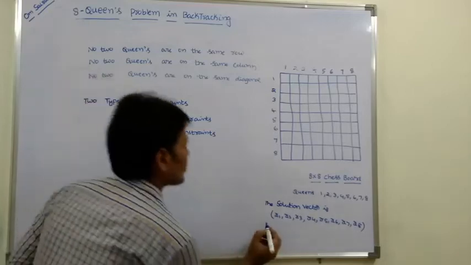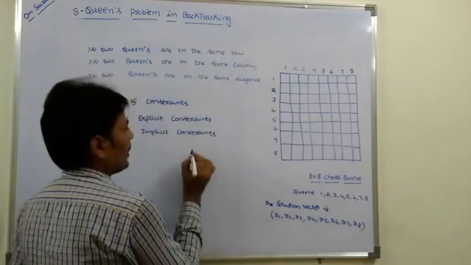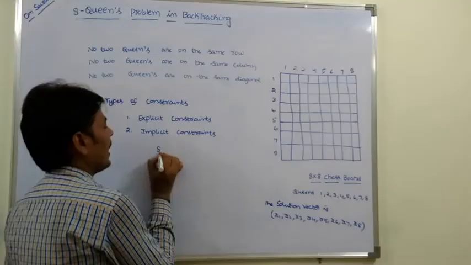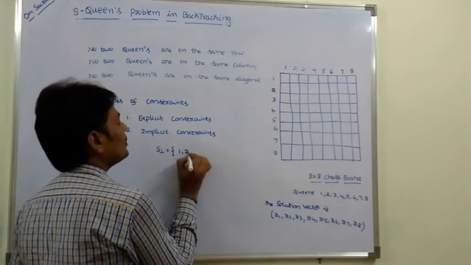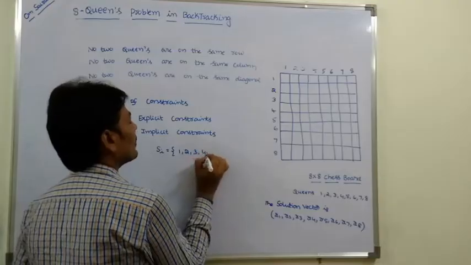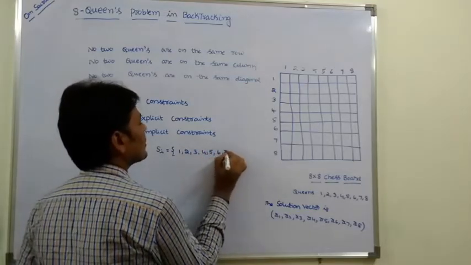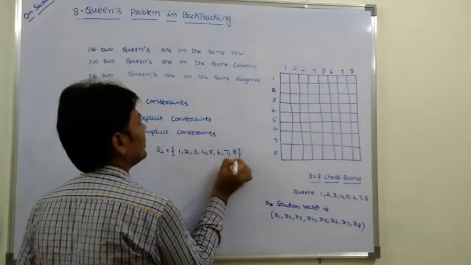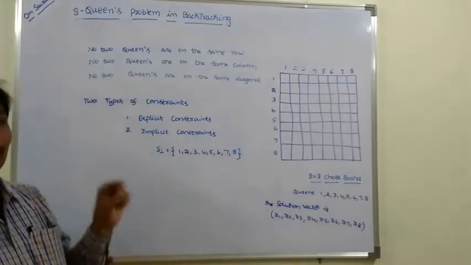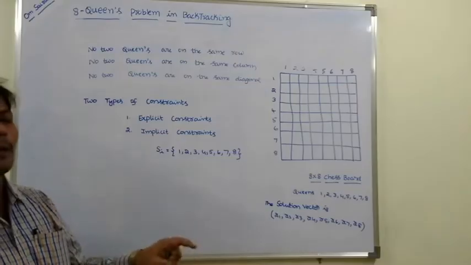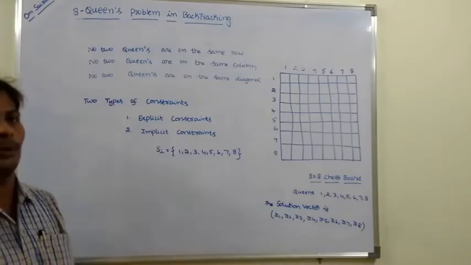Here the set Si contains the set 1, 2, 3, 4, 5, 6, 7, 8. We have to place 8 queens on 8 columns in the 8x8 chessboard.